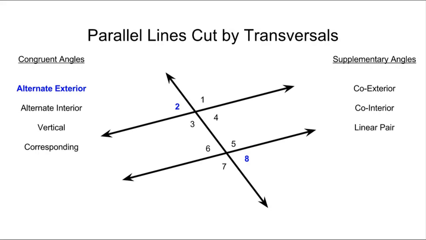When we put those together, we have several vocabulary terms. Alternate exterior angles are angles that are outside the parallel lines and on opposite sides of the transversal. So angles 2 and 8 are alternate exterior angles, and angles 1 and 7 are alternate exterior angles.